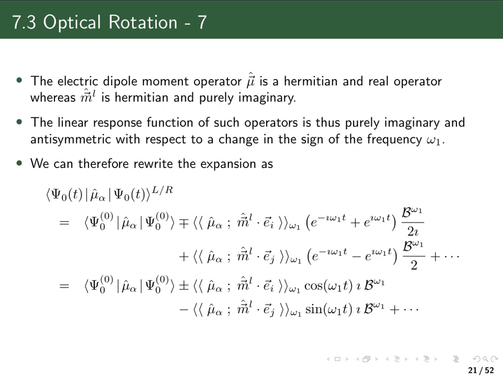So that's where we have combined two of the response functions together. Now, that is just cosine, and this is then, because of the minus sign, sine. So we end up with this expression here, where we have the response function in the I direction combined with cosine, and the response function in the J direction combined with a sine.